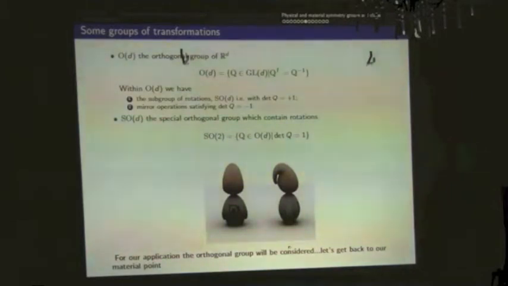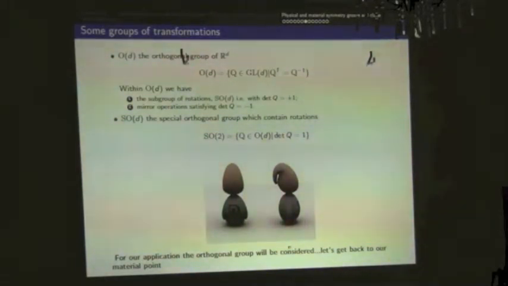The big group is called O(D), the orthogonal group in D dimensions, and it's the group of orthogonal transformations. One classical characterization is that the transpose of your matrix is equal to the inverse of your matrix.